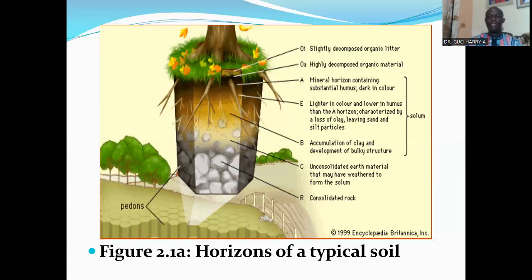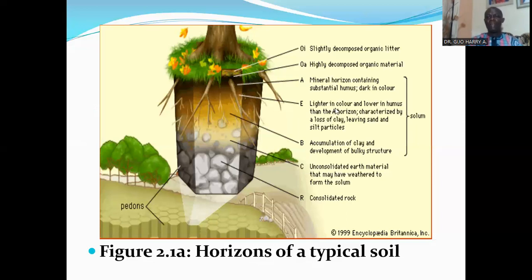Below the A horizon is the E horizon. The E horizon is lighter in color and lower in humus than the A horizon and is characterized by loss of clay, leaving sand and silt particles. So it really has sand and silt particles.